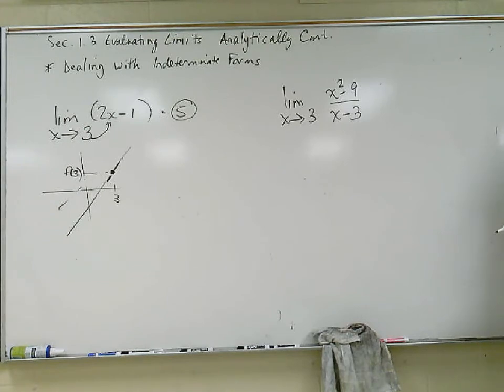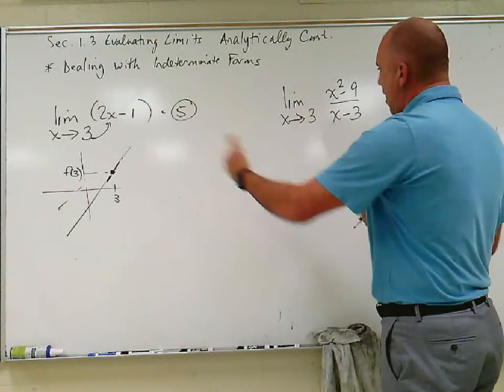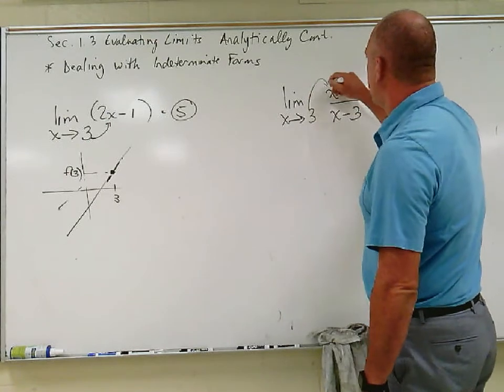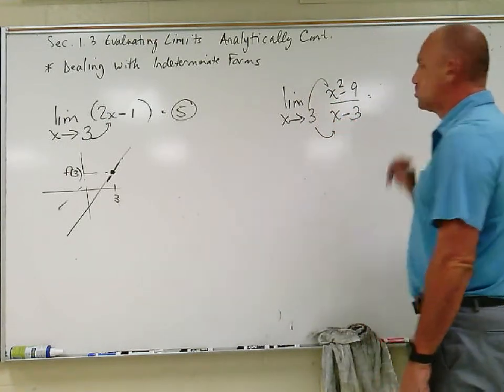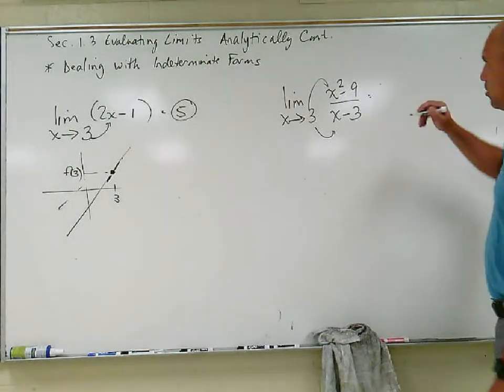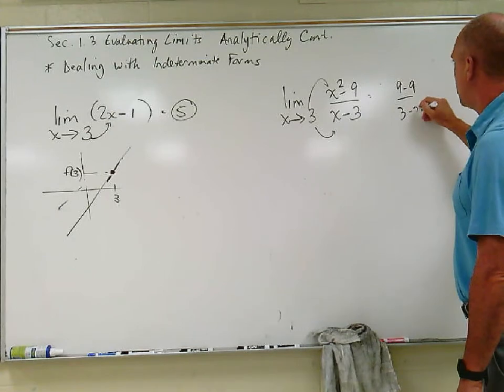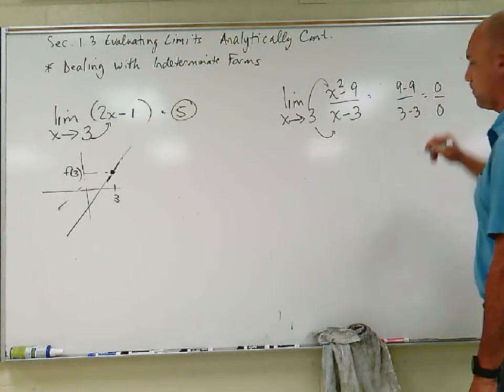So the question is, I'd like to do a shortcut. It would be nice if I could just plug a 3 in. So I'll plug a 3 in just to see. When I plug the 3 in, the top becomes 0. So I get 9 minus 9 over 3 minus 3, which is 0 over 0.